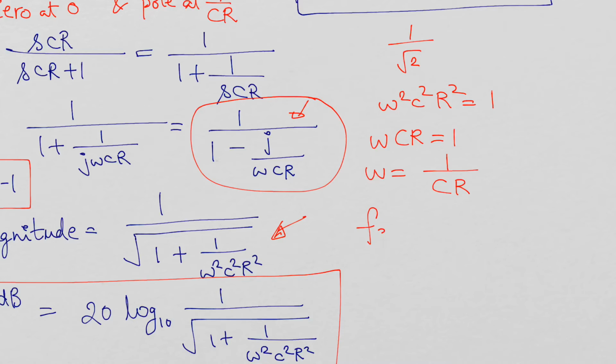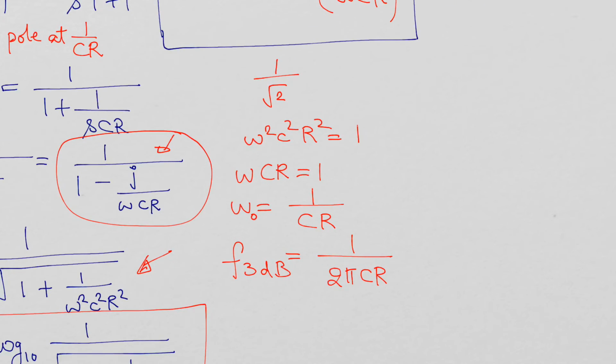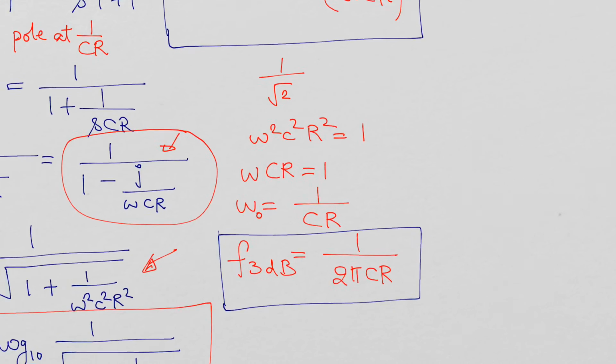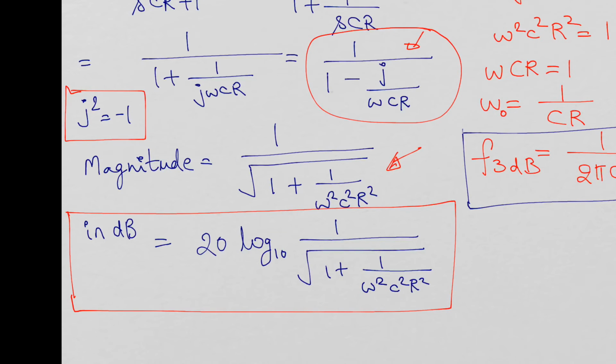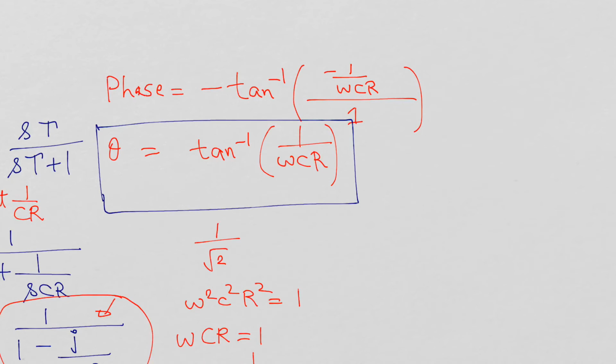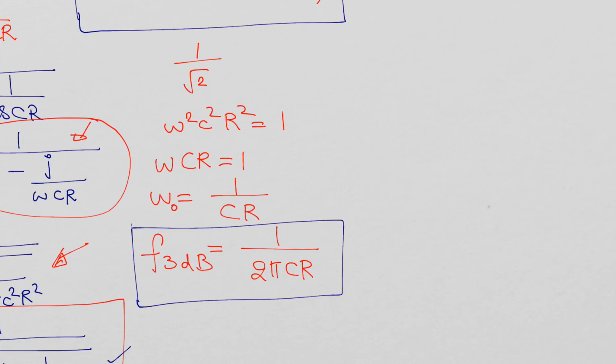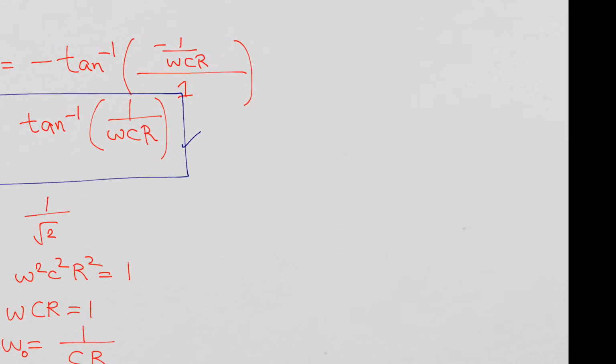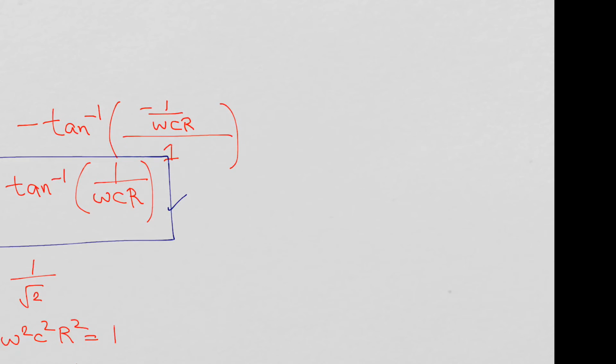So f3dB, which you can call omega naught, is equal to 1 over 2 pi CR. This is how we get the 3 dB frequency. So we got the magnitude in dB, the phase in degrees, and the f3dB frequency.